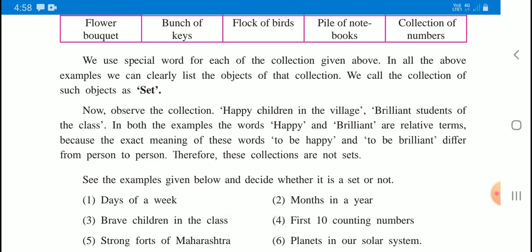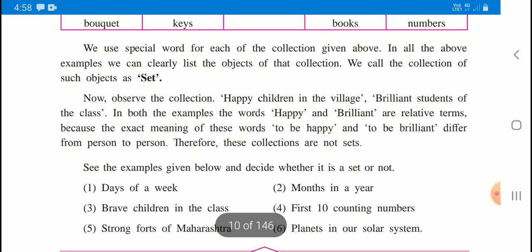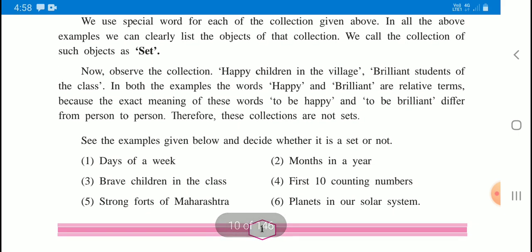Therefore, these collections are not sets. Now, they have given some examples and you have to decide whether each is a set or not.